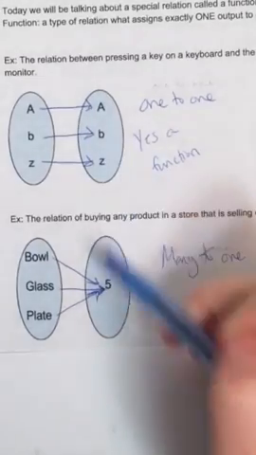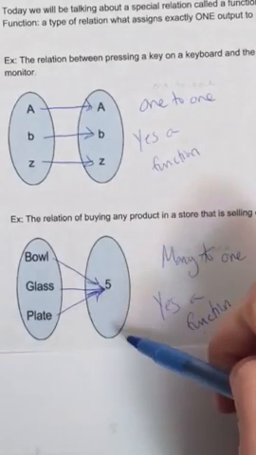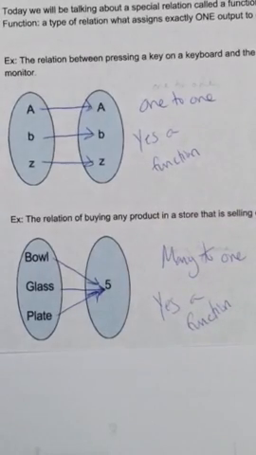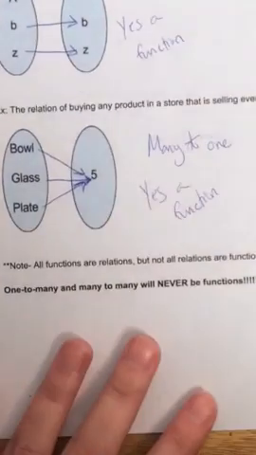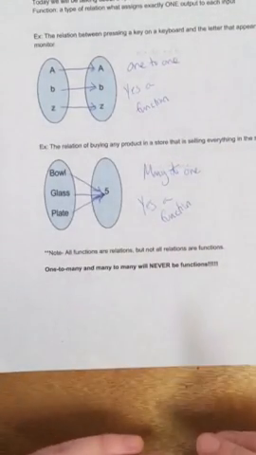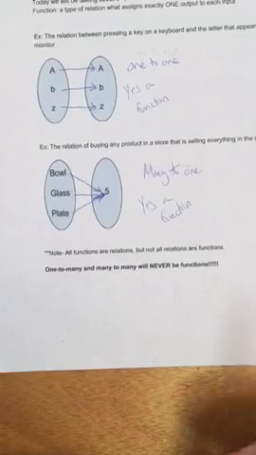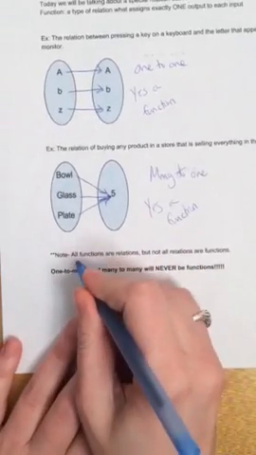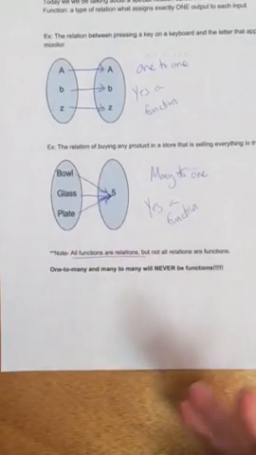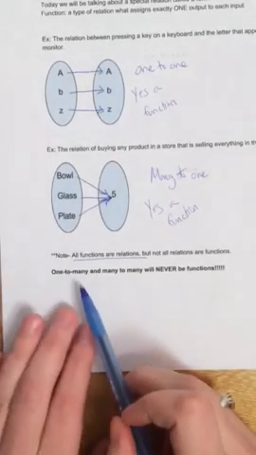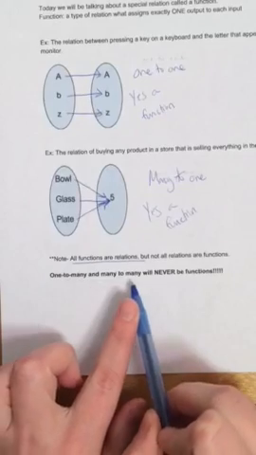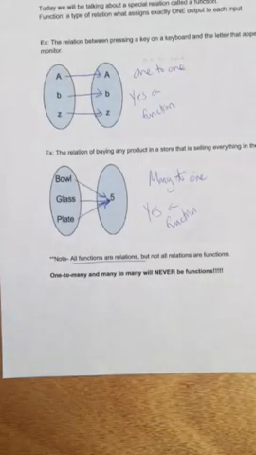So if you see either of these two graphs, or maps, I don't really call them graphs, that is a one-to-one relation. I have some notes here. All functions are relations, no questions asked. But not all relations are functions, which makes sense, because one-to-many and many-to-many relations will never be functions.